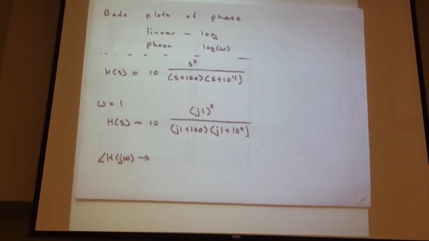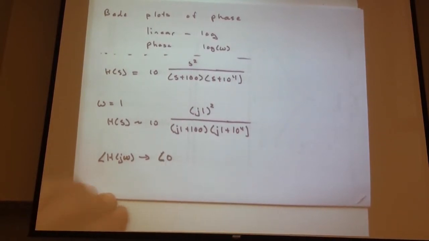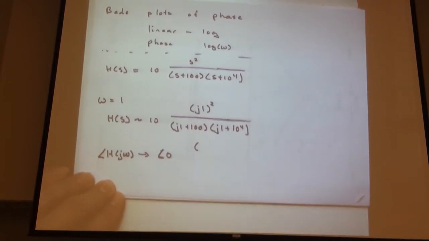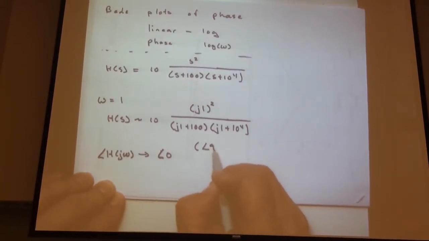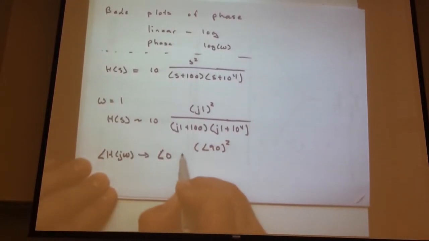It doesn't matter much, but we want to be careful here, because we could have a different sign there. That's angle 0. What's the angle of j1? 90 degrees. So that's angle 90 squared. So we've got to include that square. And what's the angle of j1 plus 100?